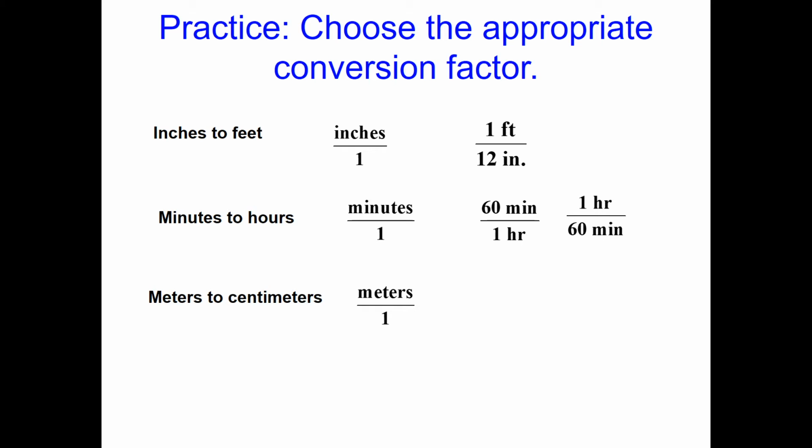If you're going from minutes to hours, you'll start with minutes, and you'll choose the one that has minutes in the denominator. So you would use the conversion factor 1 hour to 60 minutes. If you're going meters to centimeters, you want to cancel out meters, so you use meters on the bottom. So 100 centimeters to 1 meter.